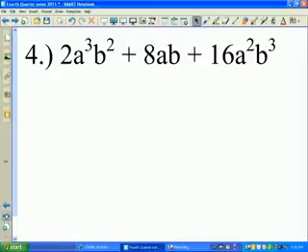What number can 2, 8, and 16 have in common? The only number I can think of is 2. So for the 2, she has 3 A's. For the 8, there's 1 A. For the 16, there's 2 A's. That means they have 1 A in common. Then I have 2 B's, 1 B, and 3 B's. That means I have 1 B in common.